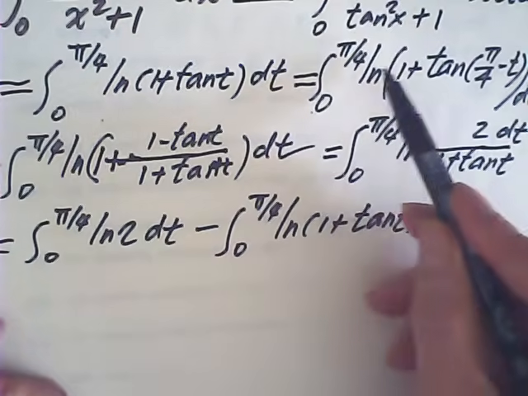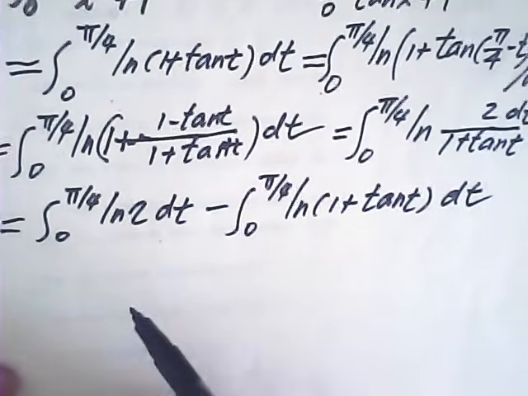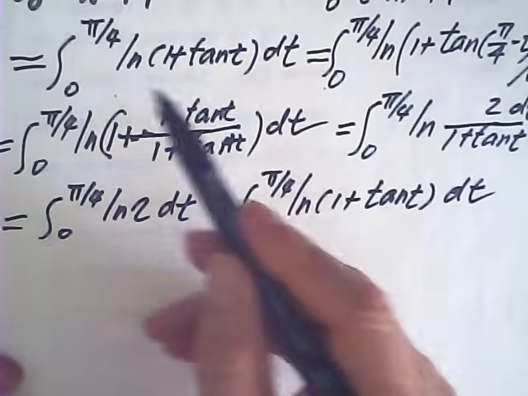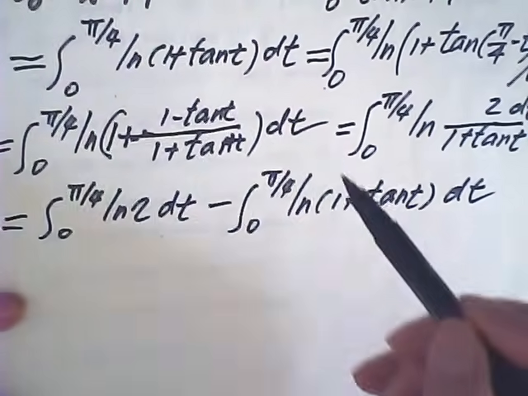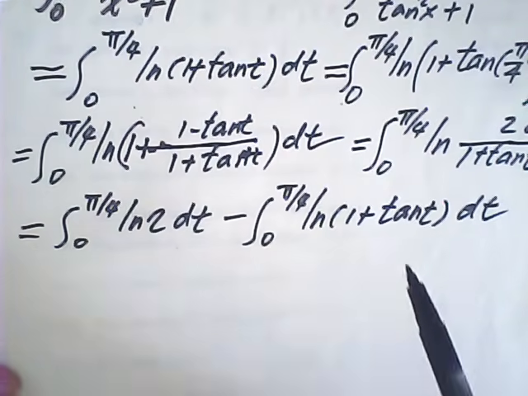So this one is equal to that, see, this one is equal to that. Therefore, this is my I, just starting from I.